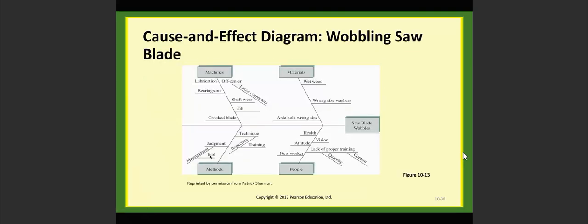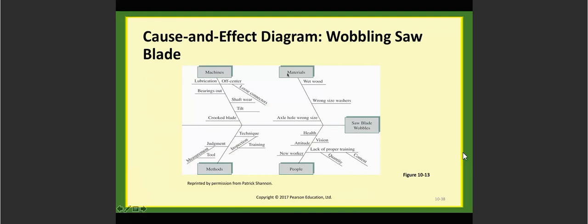Okay, example. You see, the saw blade wobbles. That means when you are using the saw, the blade is moving. So why? What causes the blade to move? So you see, even this kind of problem, you can map it in the cause and effect diagram.